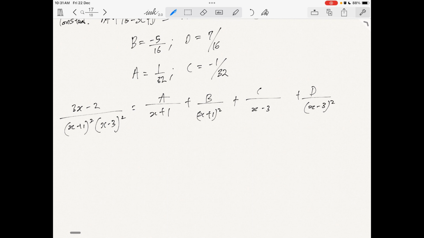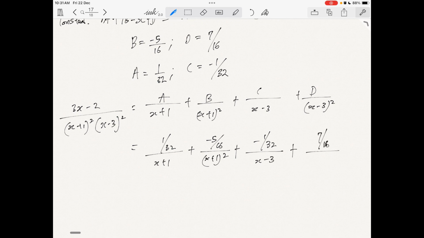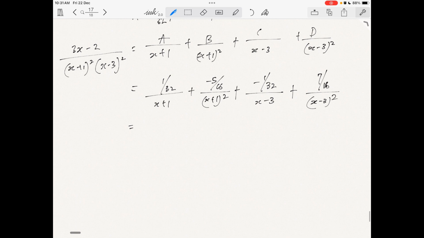Now let's substitute our value for A. A is 1 over 32 over x plus 1, plus B, minus 5 over 16 over x plus 1 squared, plus C, minus 1 over 32 over x minus 3, plus D, 7 over 16 divided by x minus 3 squared. Now simplifying further, we have 1 over 32 into x plus 1, minus, because positive multiplied by negative gives negative, 5 over 16 into x plus 1 squared.